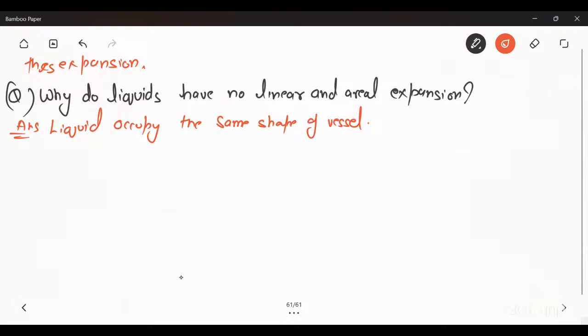So liquids occupy the same shape as the vessel. They do not have individual length or area.